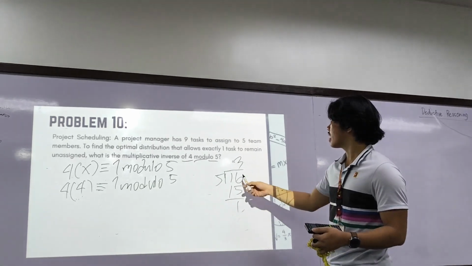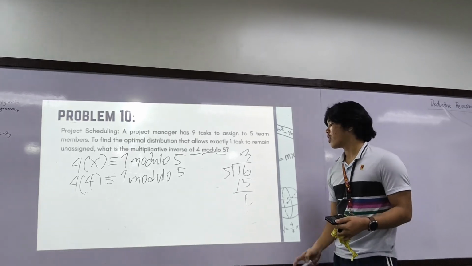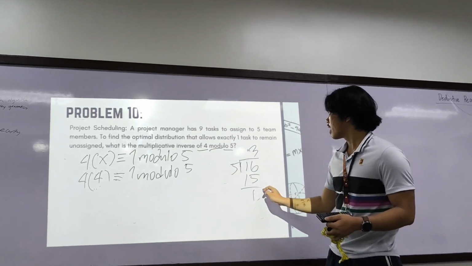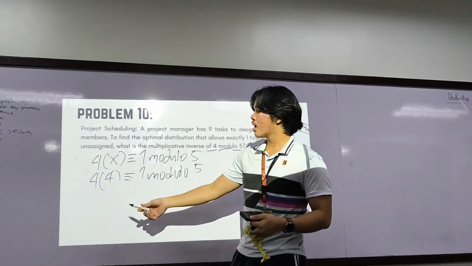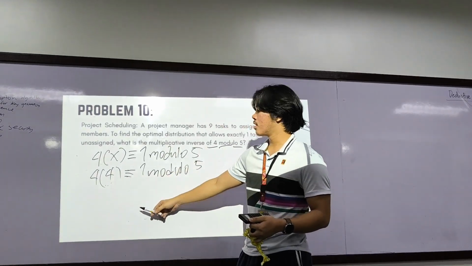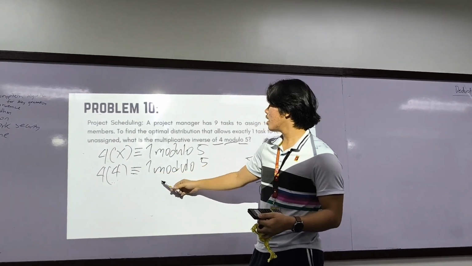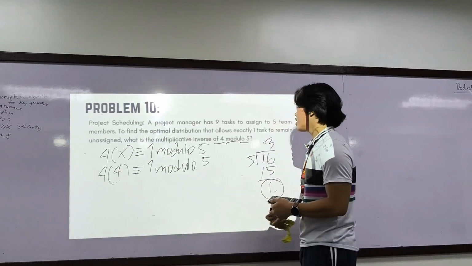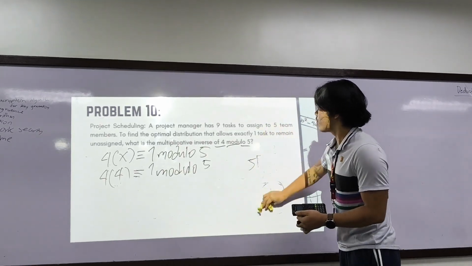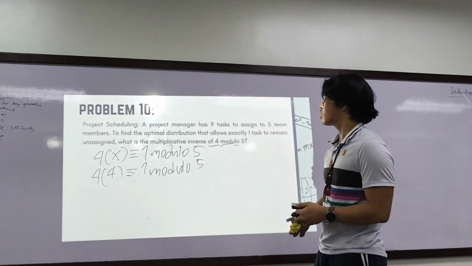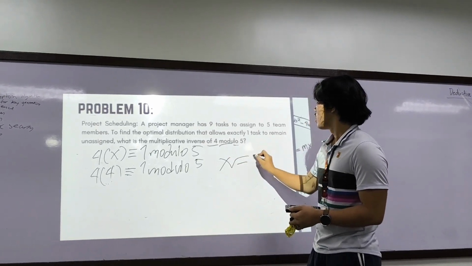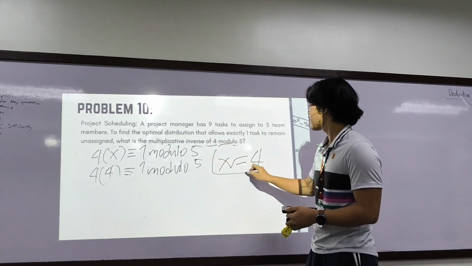So 16 divided by 5 has the remainder 1. We conclude that 4 times 4 is congruent to 1 modulo 5, so the multiplicative inverse of 4 modulo 5 is equal to 4.